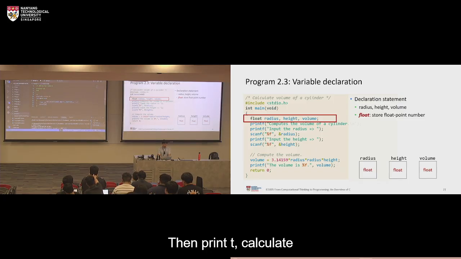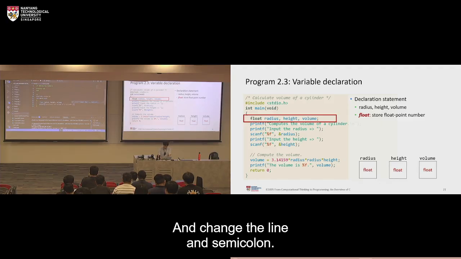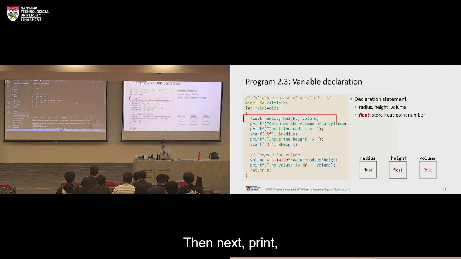Then printf, calculate the volume of a cylinder. And change the line and semicolon. Then next, printf, enter the radius.